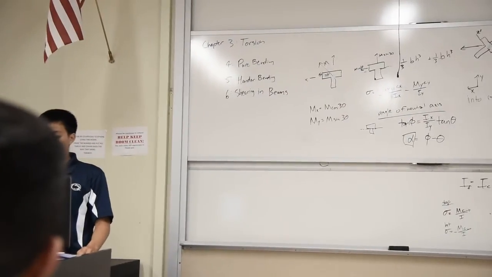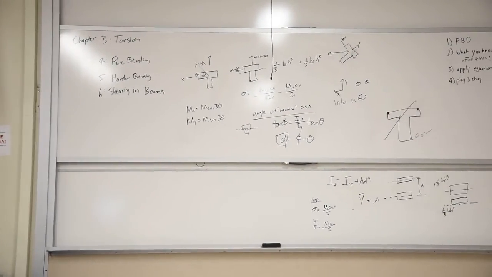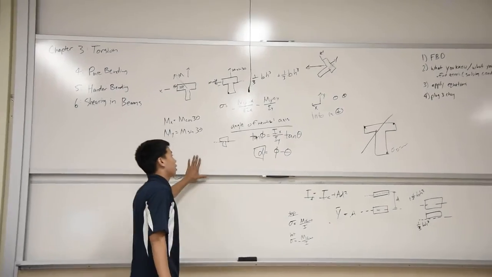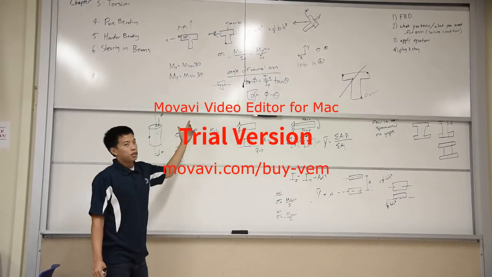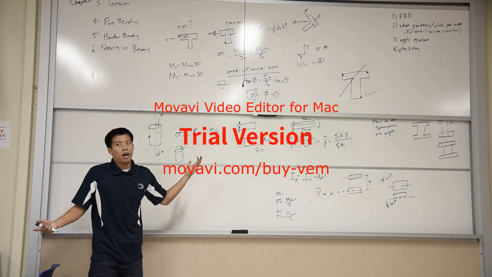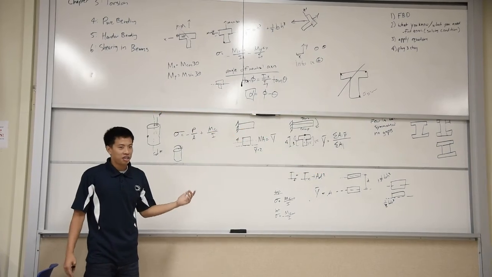All right, let's do a practice question. What time is it? Okay, we got plenty. Okay. When it comes down to these questions, the hardest part is finding Y bar and I. Okay. Moment's pretty easy to find. Finding the C is pretty easy to find.